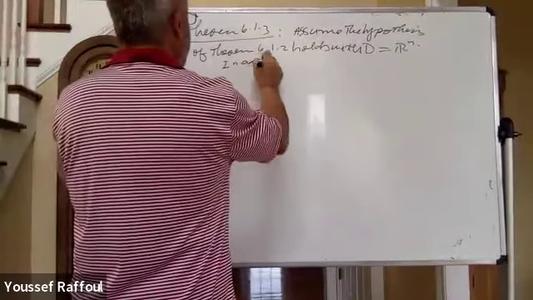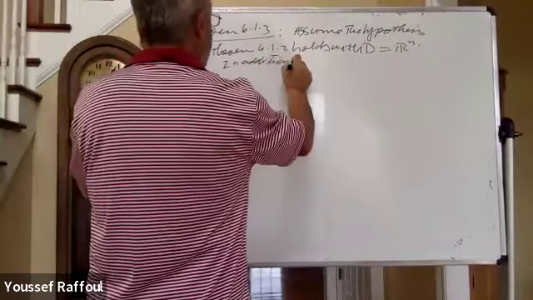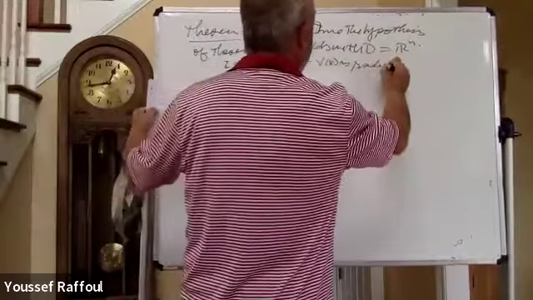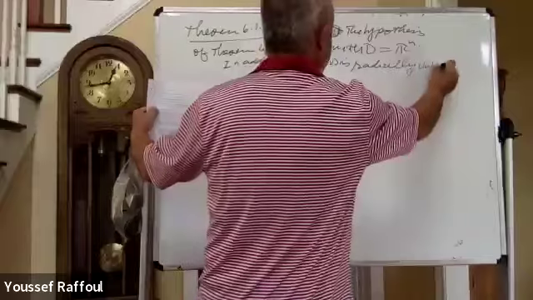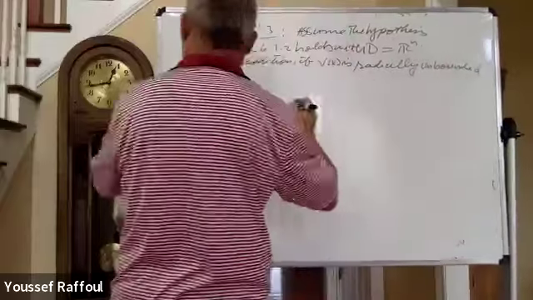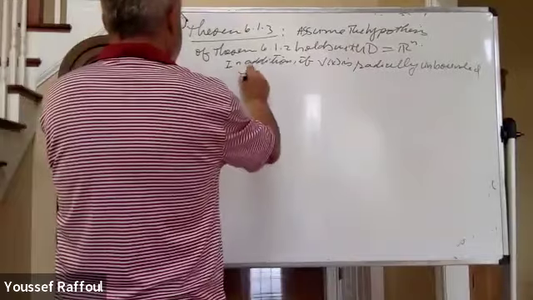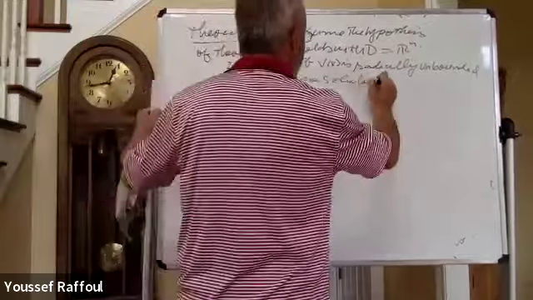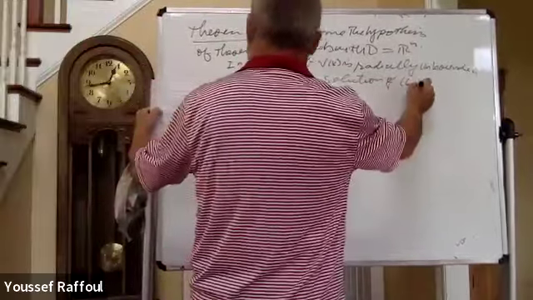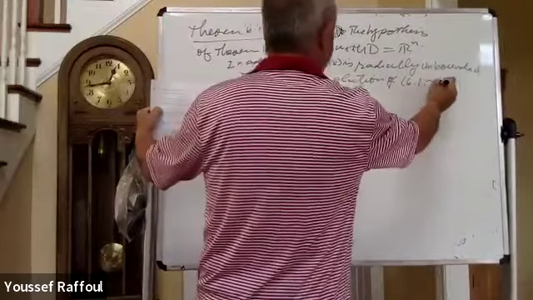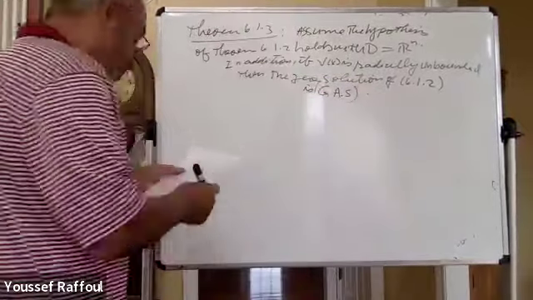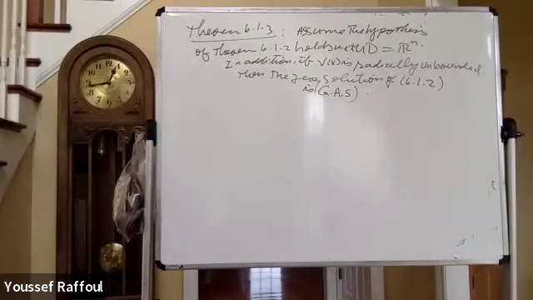In addition, if V of x is radially unbounded, then the zero solution of 6.1 upon 2 is globally asymptotically stable. I will not prove it here, but I have a nice proof for it in the book. Okay?